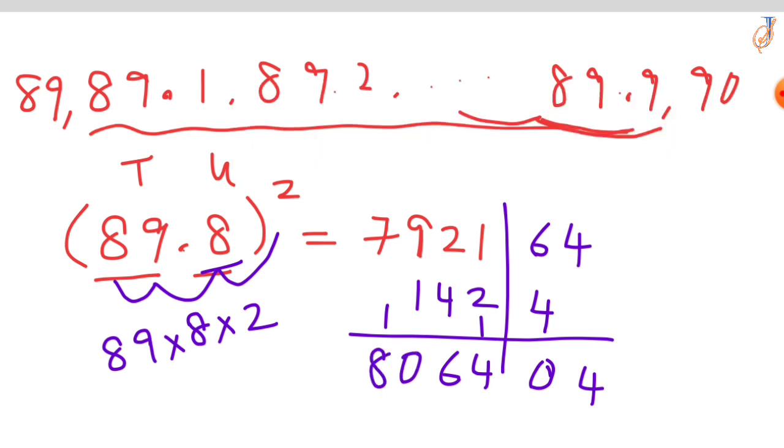So the total is 8064. Where is the decimal point? After 8 we have a decimal point. We are doing square, that's why after 2 digits you have to add the decimal point. That means 8064.04. So our result should be approximately equal to 89.8.